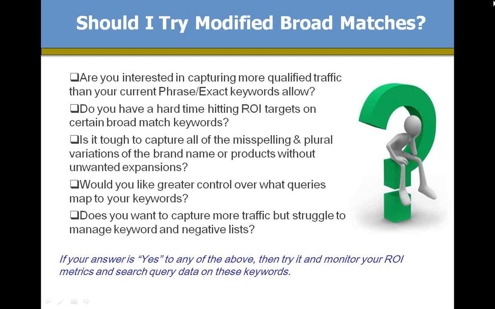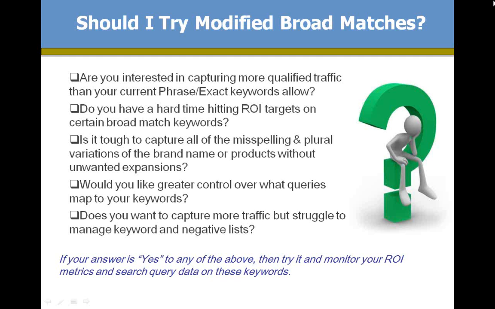If your product or your brand name has a lot of misspellings or plural variations, some products are hard to understand when it's word of mouth, and so people have all kinds of ways to spell your products. This might be a really good way to try to pick up all those misspellings rather than using keyword tools.